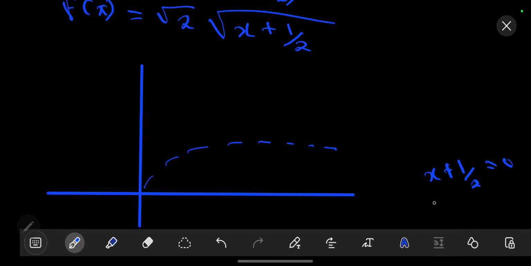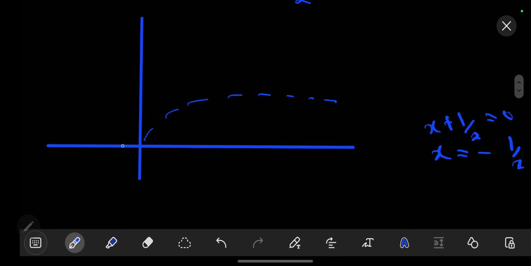You equate it to 0, so you are going to have x equals negative half, which is the same as negative 1 over 2, negative 0.5. Let's say here it is 1, so 0.5 will be here. So our new graph will begin from negative 0.5. So this is negative 1, negative 0.5, and it will pass like that.